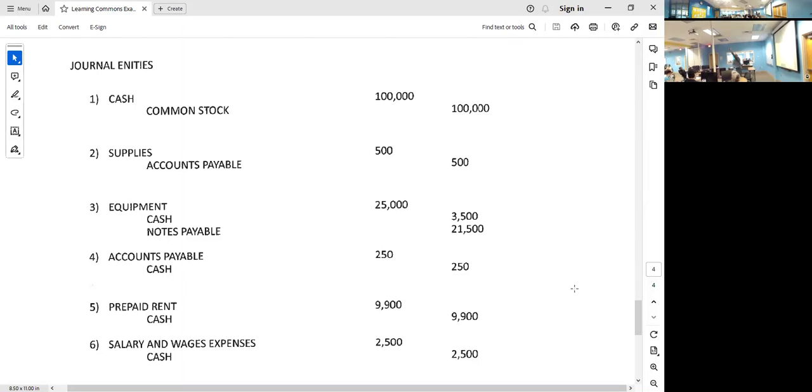You can pay your insurance ahead of time before you have to use it. That's an asset, that's a prepaid insurance. So whatever you prepay, that's what you use. In chapter 4, we're gonna go back and adjust that account. We'll adjust it, fix it, and if we use the expense, then we're gonna convert it out of prepaid rent to rent expense. We're gonna move it. But we'll see that in chapter 4.